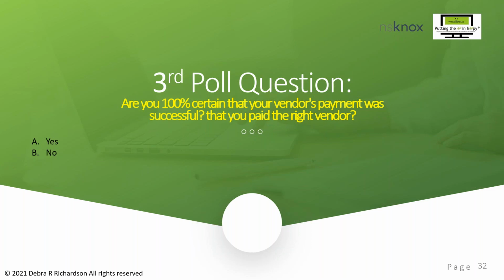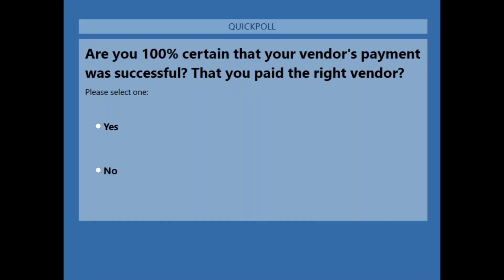And that third poll question is, are you 100% sure that your vendor's payment was successful, that you paid the right vendor? And this is another quick one, just a yes or a no. Go ahead and answer that.